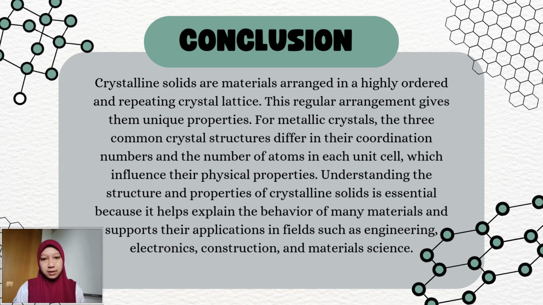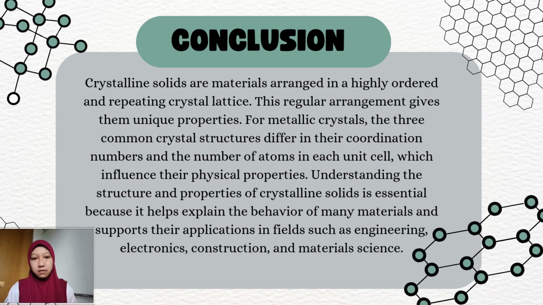Understanding the structure and properties of crystalline solids is essential because it helps explain the behavior of many materials and supports their applications in fields such as engineering, electronics, construction, and material science.